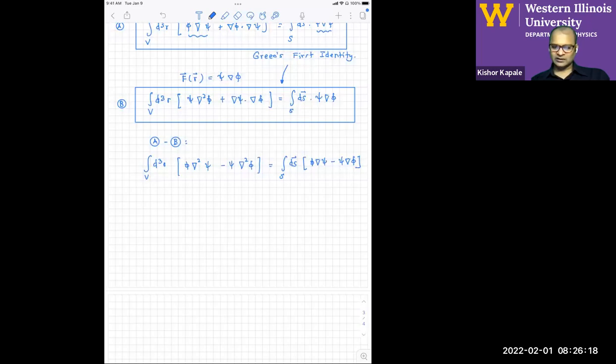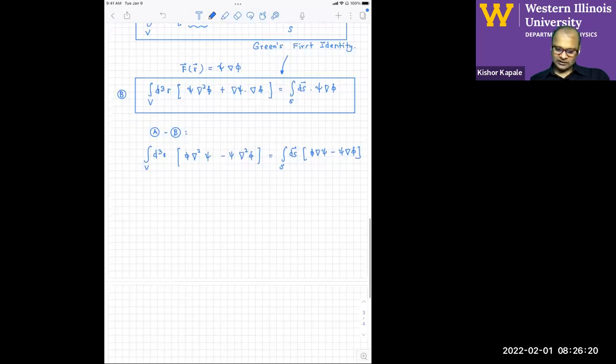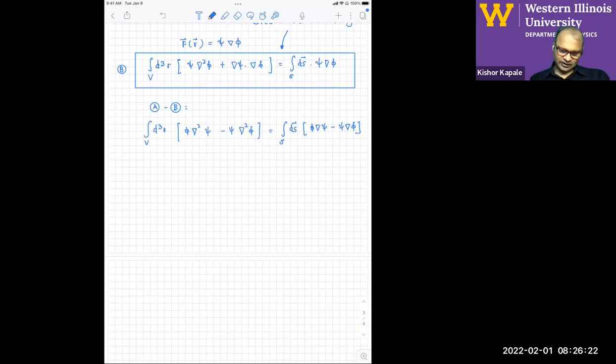Okay, everybody with me so far? This is also very important because it has a special name. And it's called Green's second identity.